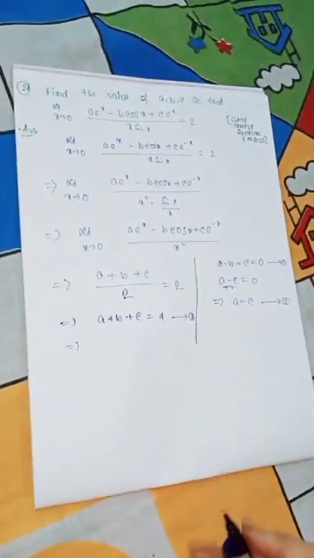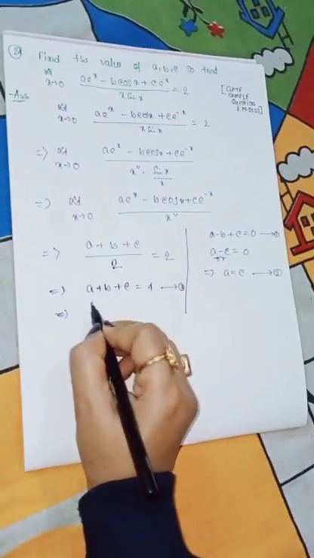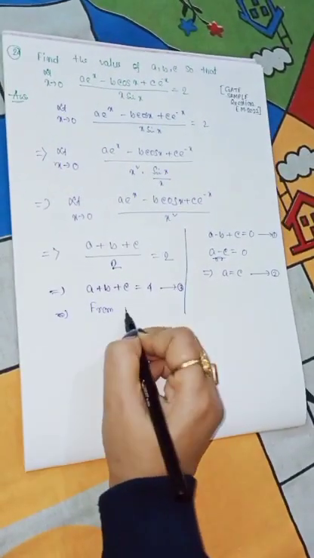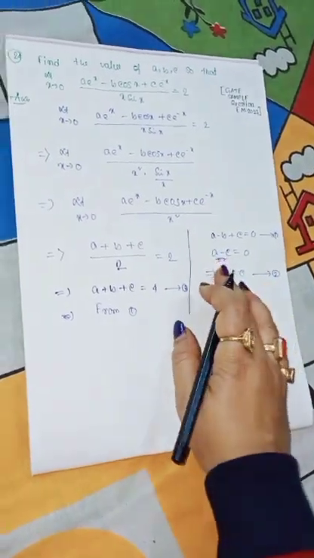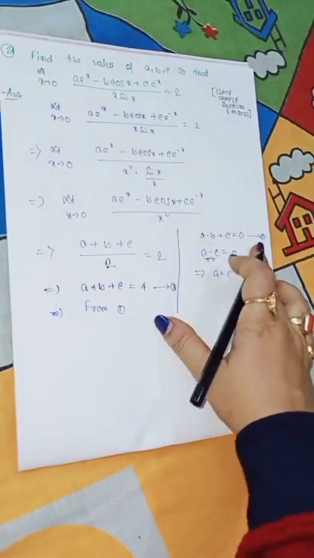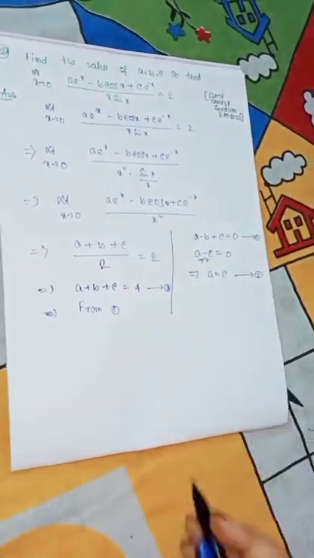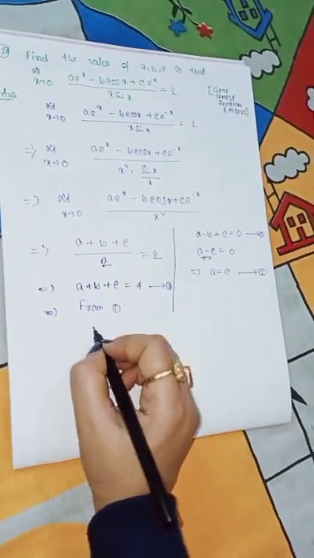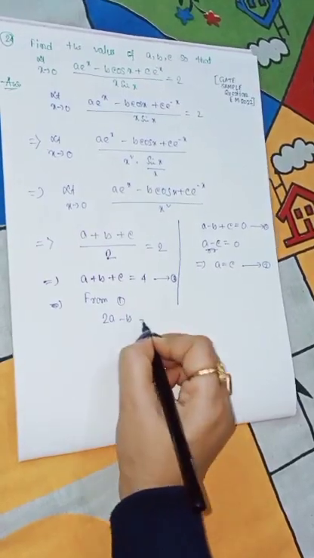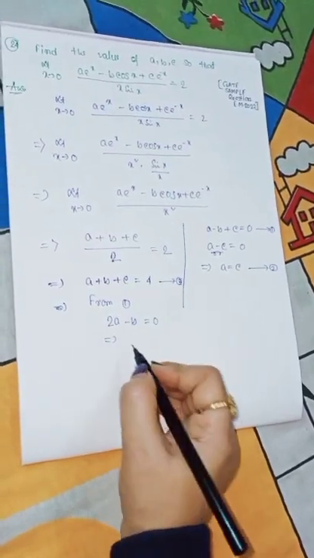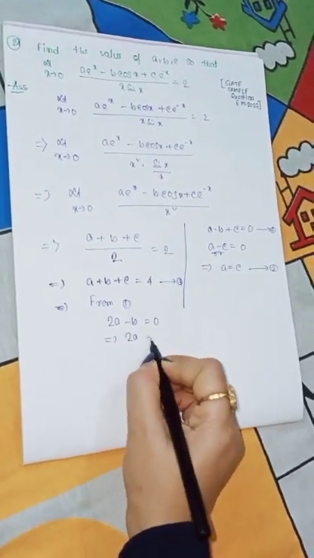Just numbering the equations. From 1, a minus b plus c is equal to 0, and a is equal to c. If we put c equal to a, then 1 becomes 2a minus b is equal to 0, that implies 2a is equal to b.